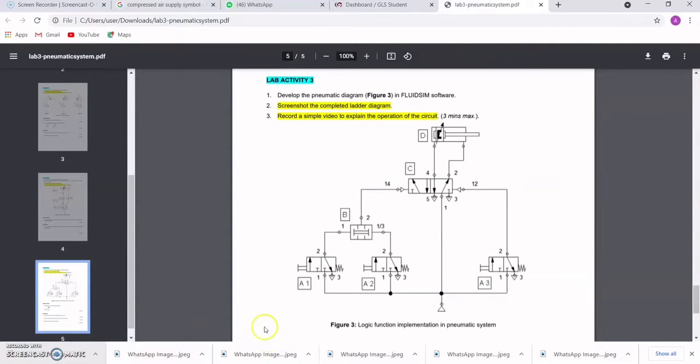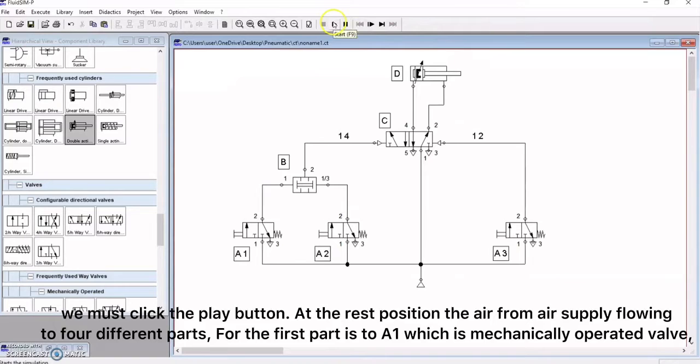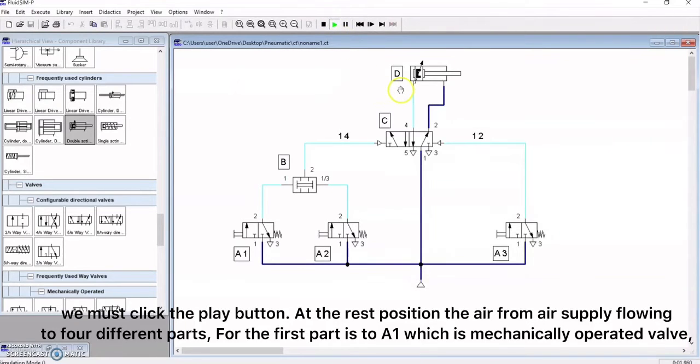So for the lab activity, we must click the play button first. At the rest position, the air from the air supply is flowing to 4 different parts.